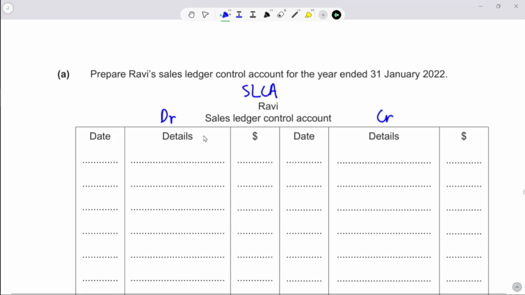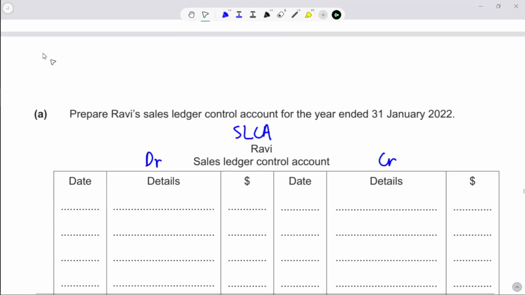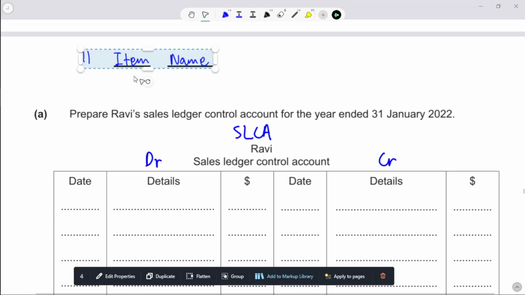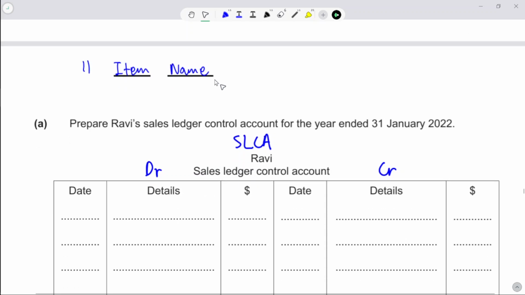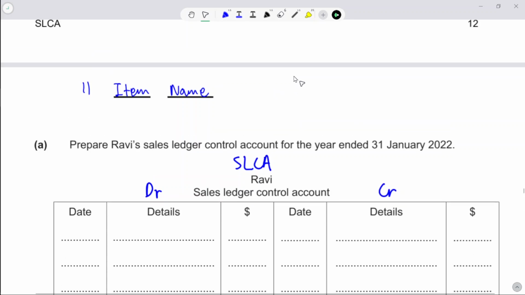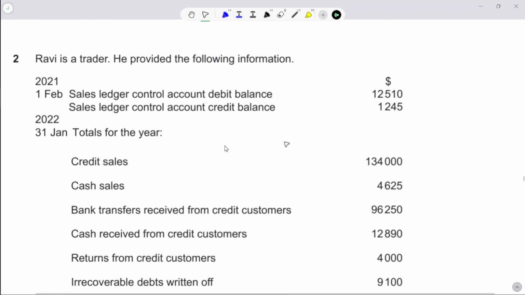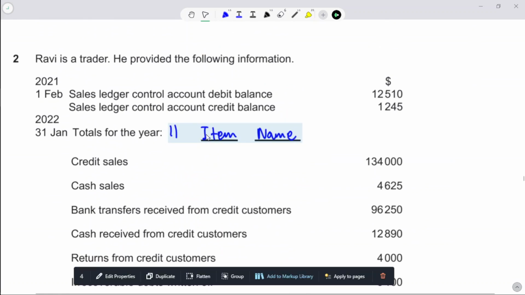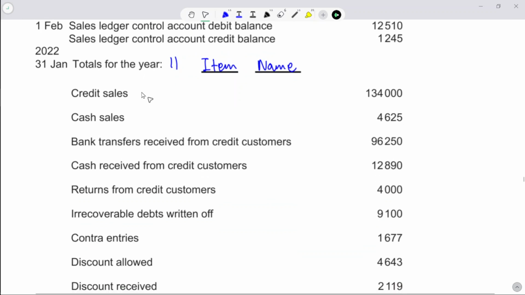Since it has debit credit, so two lines. One line for item, one line for name. So two lines. I will keep quiet.